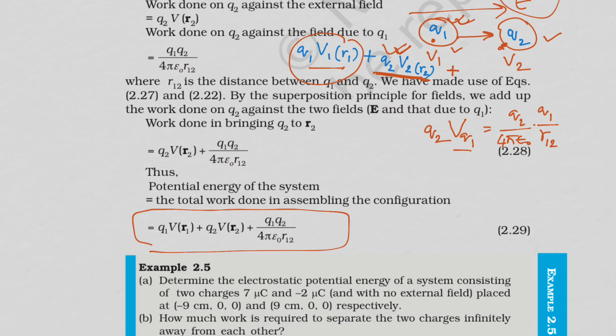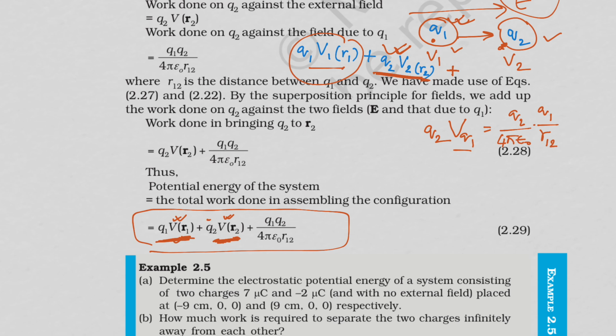this: Q1 V at R1, Q2 V at R2. These potentials are different here, remember, because these are at 2 different positions in space. And this is the potential due to external field at R1. This is the potential due to external field at R2 on Q2.